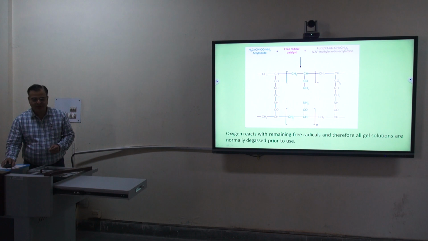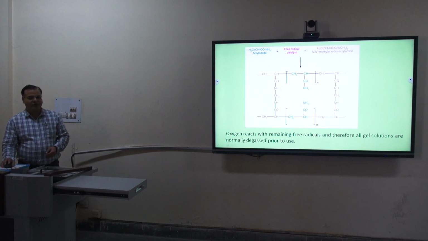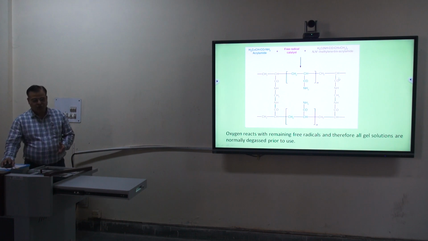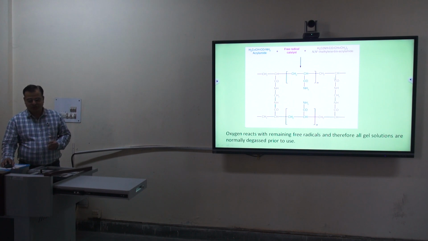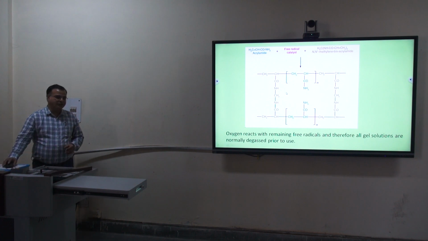It consists of two acrylamide units. This bisacrylamide is introduced in the growing chain, and at the point of insertion it introduces a branching point. So the long acrylamide chains are interconnected with each other through these bisacrylamide molecules, and a network of polymerized polyacrylamide is formed, which is known as polyacrylamide gel.